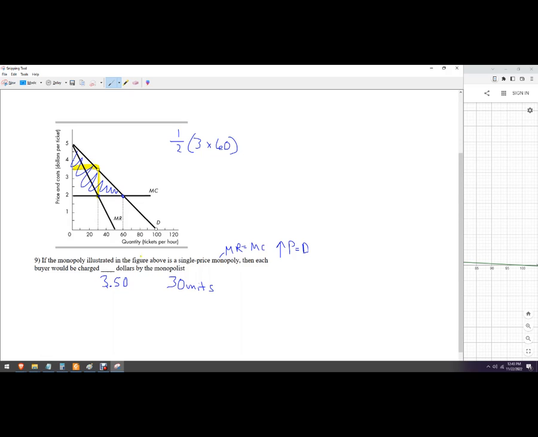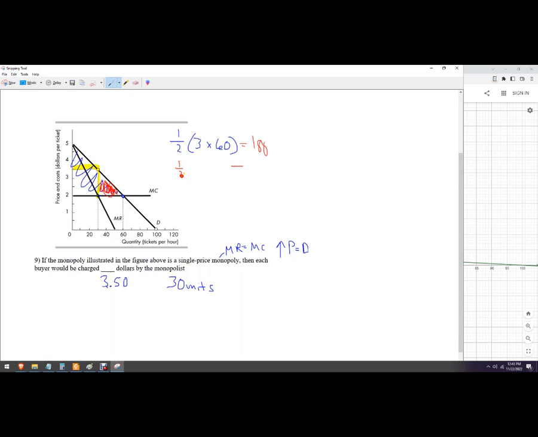And then if we allow the firm to profit maximize, we're going to lose this triangle right here. So a quick way you could do that, if this is 180, we could just subtract the amount of that triangle, and that's going to be the amount of the deadweight loss. So that would be $1.50 up to there.